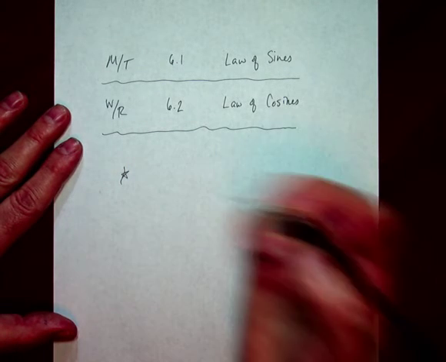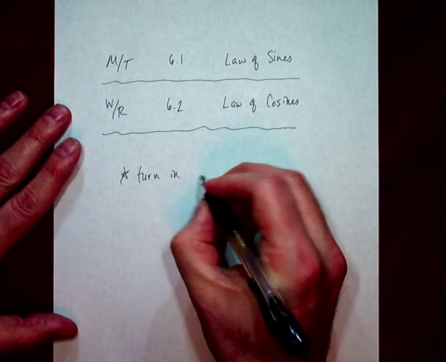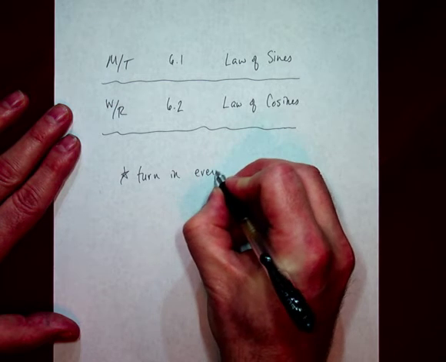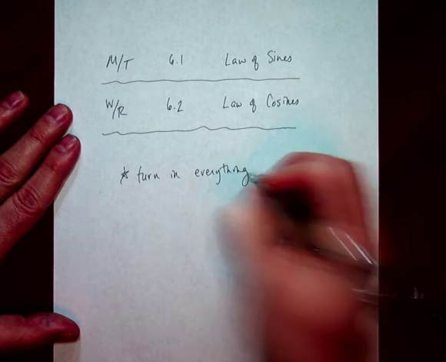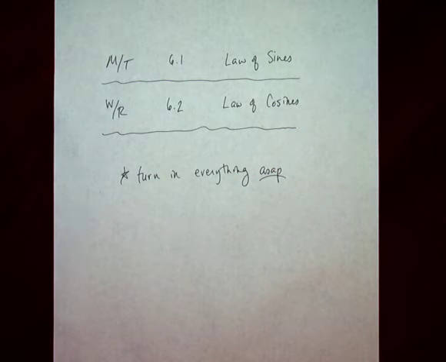So what I need you to do is turn in everything. If you're interested in going on to calculus, turn in everything as soon as possible so that I can get it graded. I can pass that information on to the administration. The administration has moved heaven and earth over this summer. They have been working tirelessly to figure out all the logistical things that are necessary for us to be back on campus.